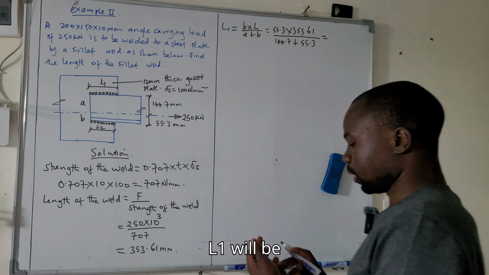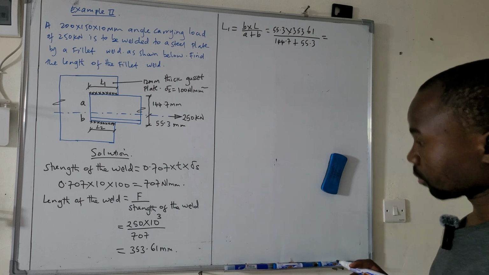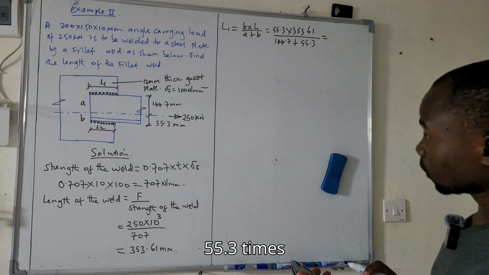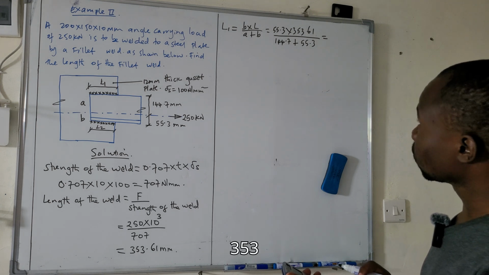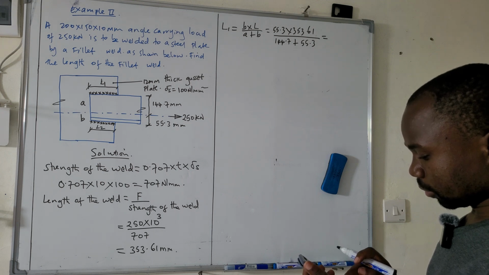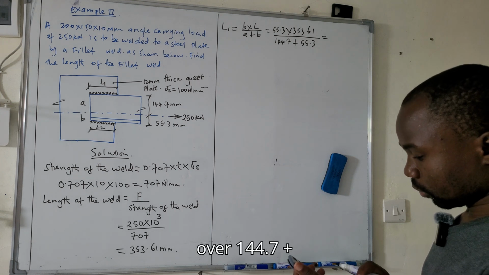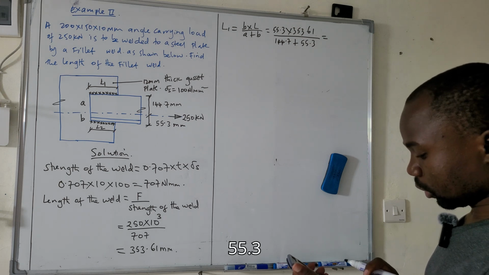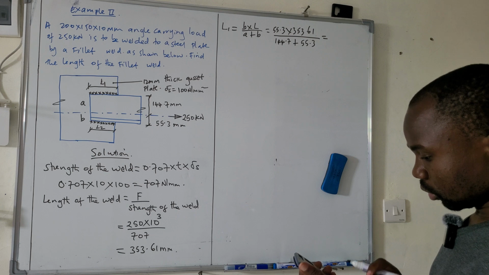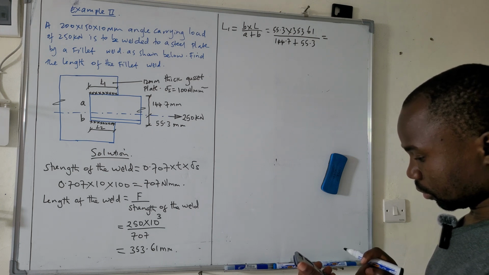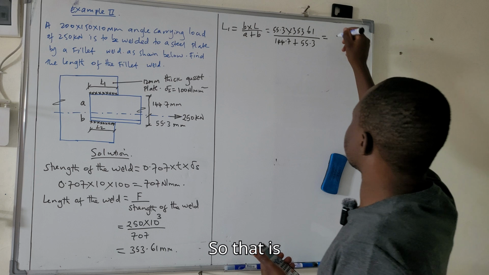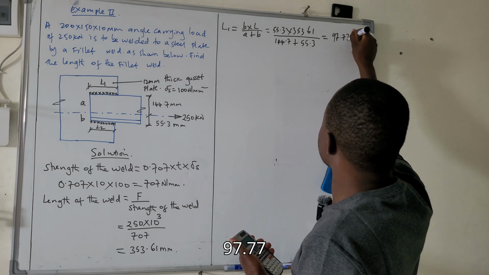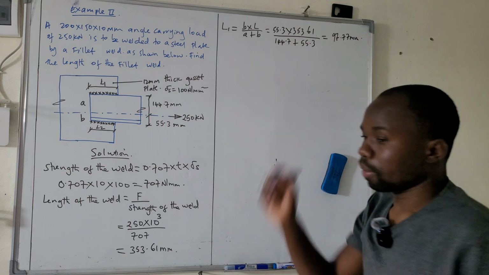So our L1 will be 55.3 times 353.61 over 144.7 plus 55.3. So that is 97.77 millimeter.